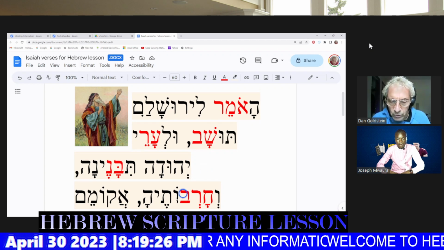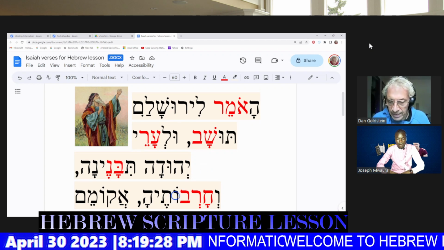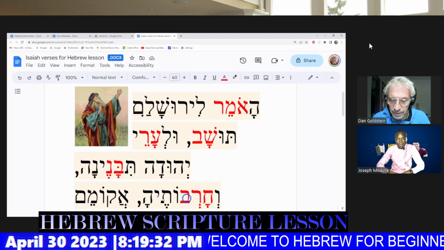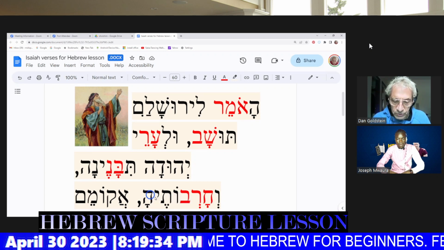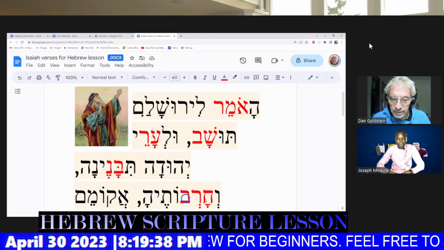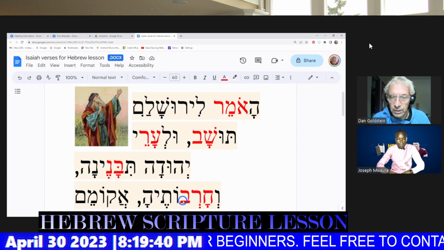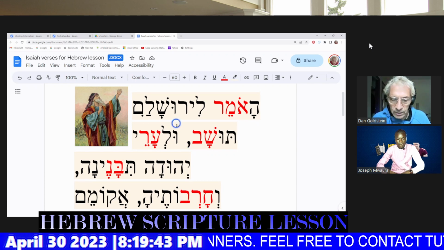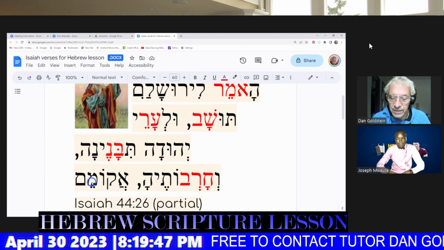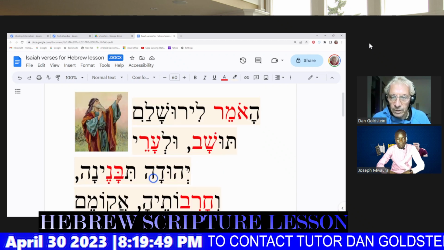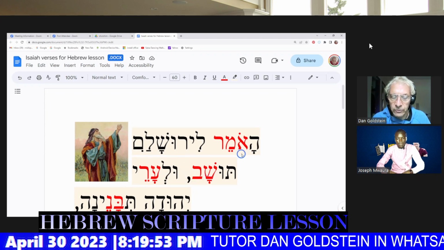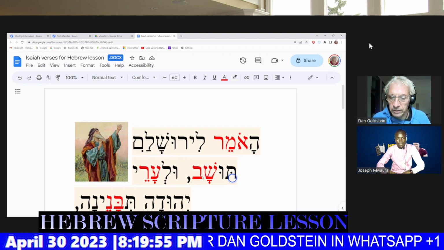So we have charvot, destroyed places, and we have eha, which is a possessive, and her destroyed places, namely the destroyed places of Jerusalem and of Yehuda, akomein, I will cause to rise up. Ha'omer lirushalayim tushav, let it be said, O Jerusalem, you shall be settled.